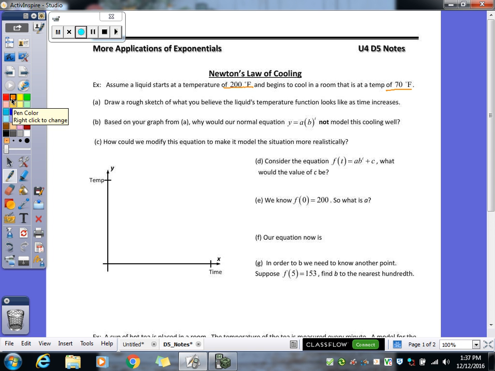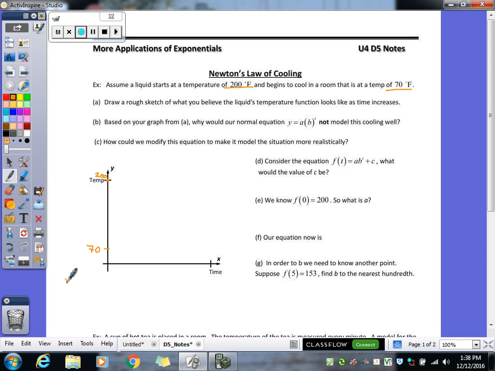So they want us to draw a rough sketch of what you believe the liquid's temperature function looks like as the time increases. So what does it start with? 200. So our y-intercept is going to be 200. It starts at 200 degrees Fahrenheit. It cools down, as we said, to 70.